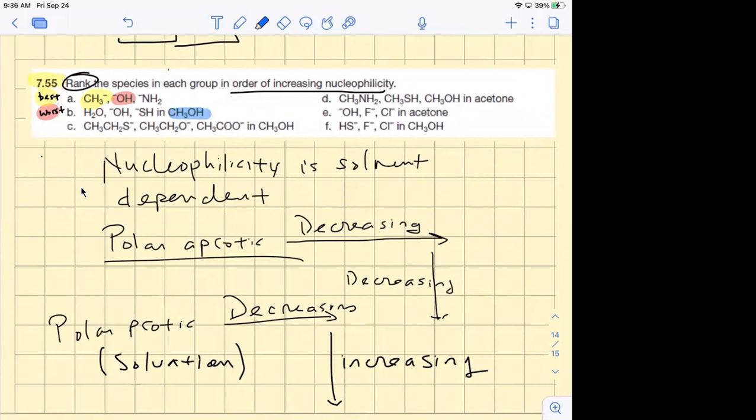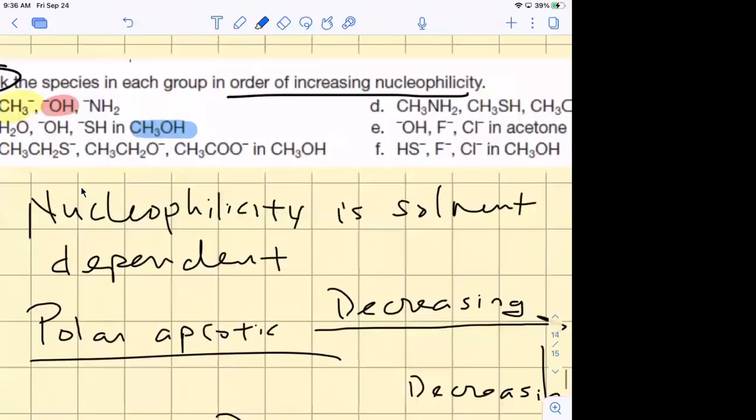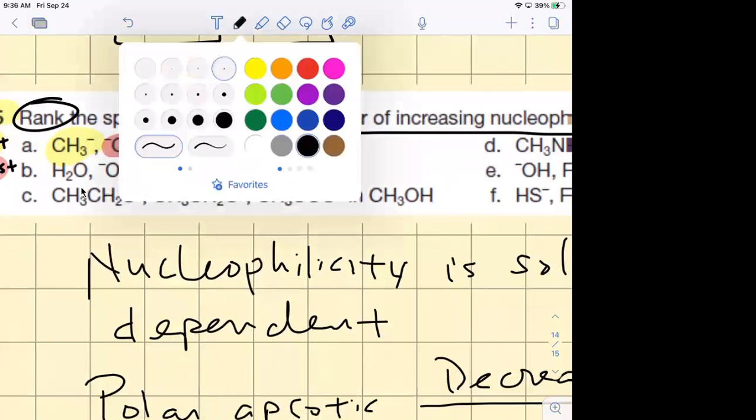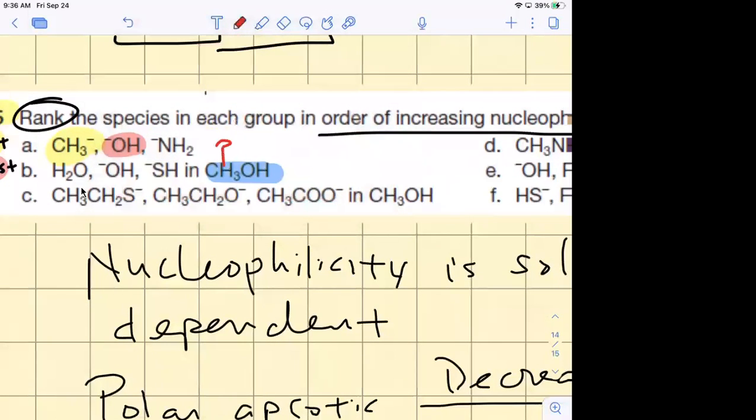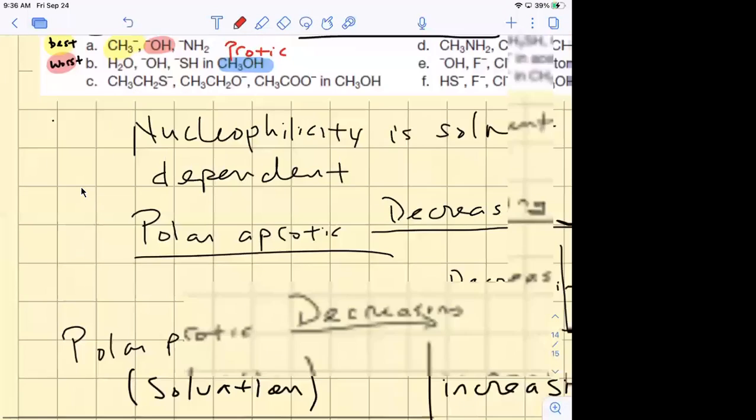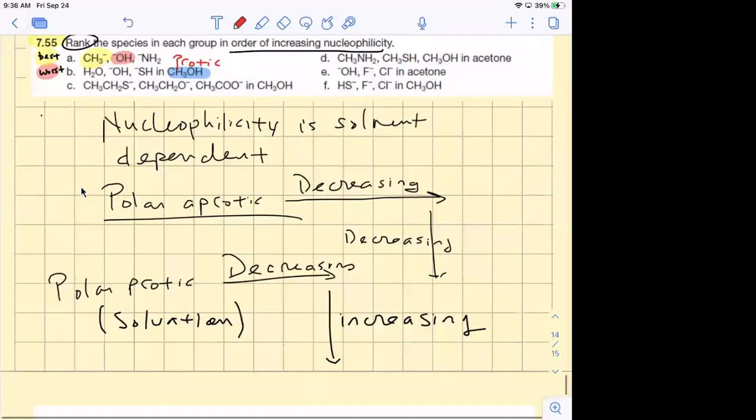Protic. All alcohols are protic. So if this is a protic solvent, which trend is this going to follow? Decreasing left to right, but increasing top to bottom.